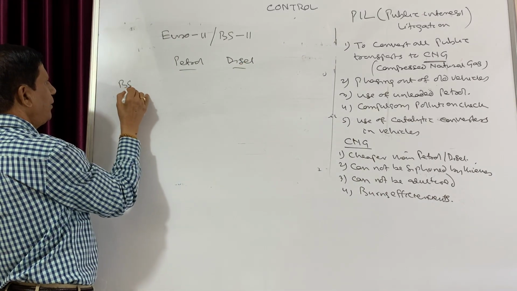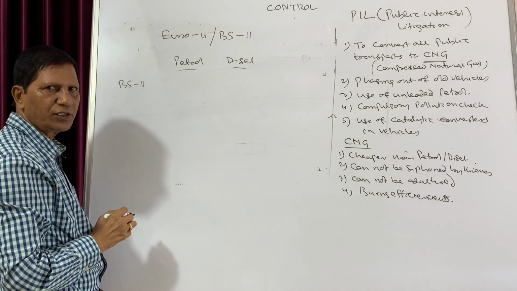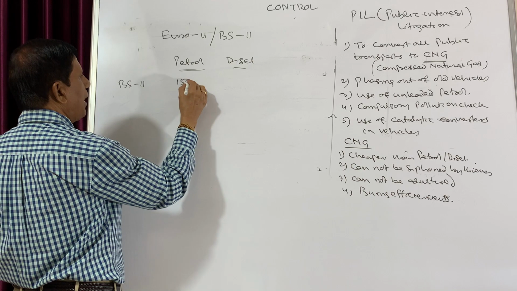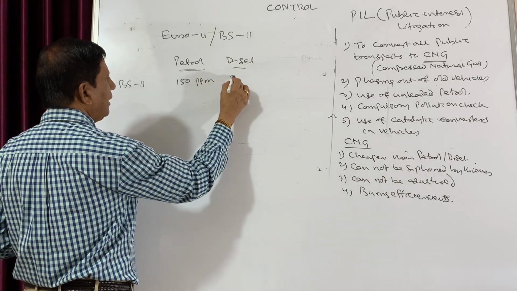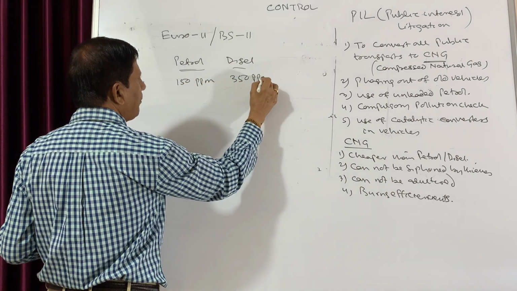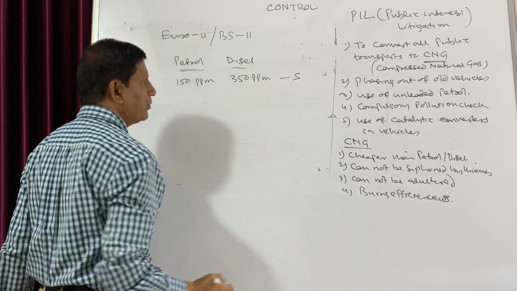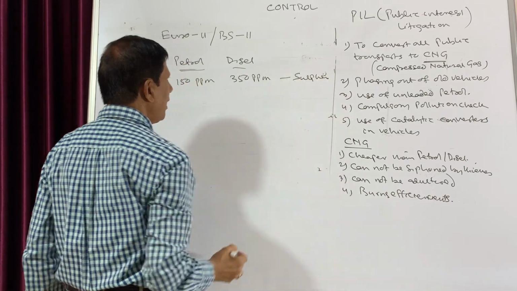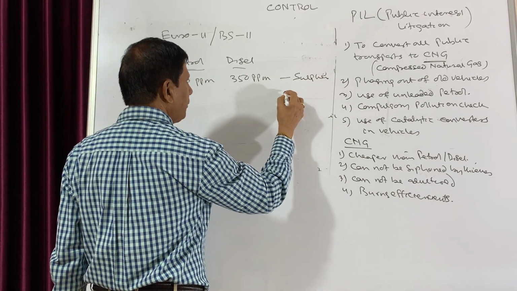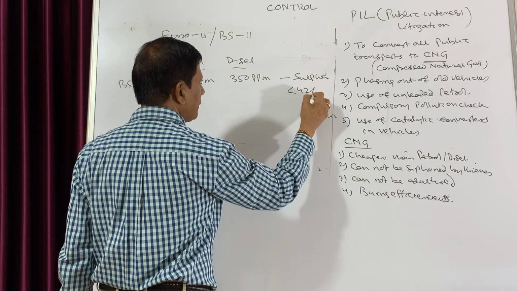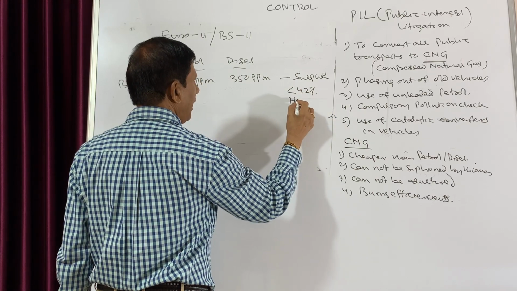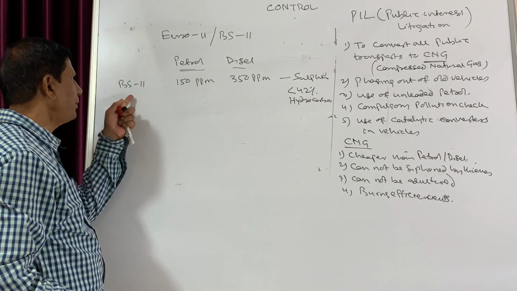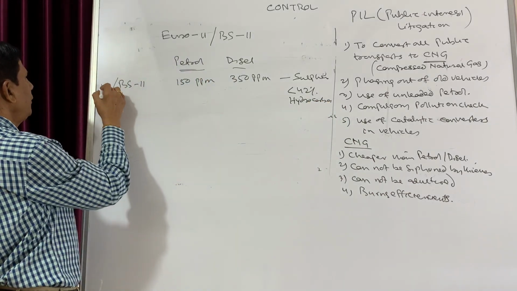In case of BS2, Bharat Stage 2, in case of petrol 150 ppm and here 300 ppm maximum of sulfur should be there. Maximum of sulfur according to BS2, and the hydrocarbons should be less than 42%. So this is the BS2, or you can say that it is also Euro 2.